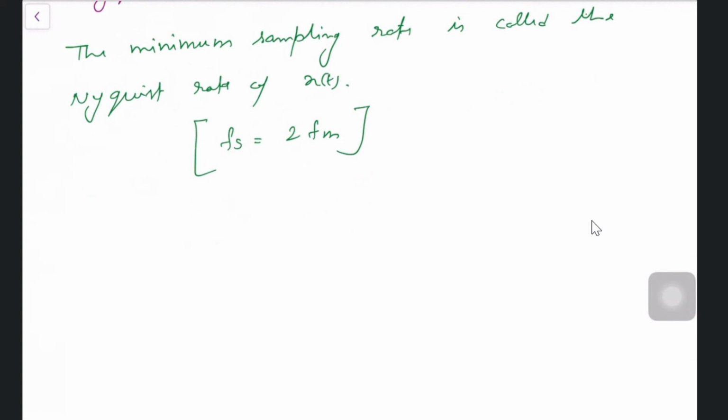Now here we are talking about the frequency. Suppose you are talking about time, so in case of time, Ts equals 1 by fs, and that is nothing else but 1 upon twice fm.